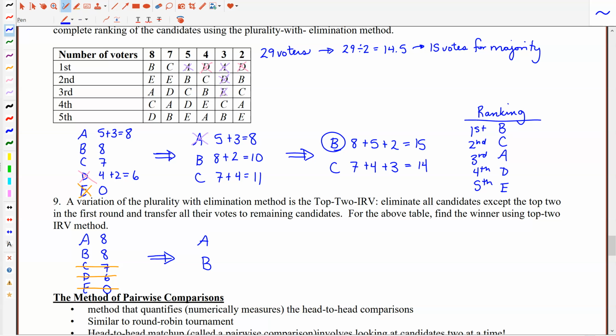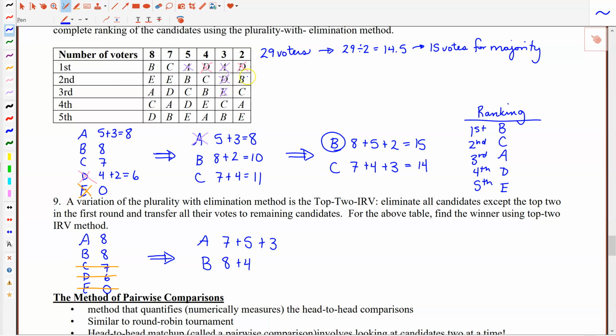where I would only have then a runoff election between A and B. So in each column, I'm just going to look at A and B and see who's higher, and then that's going to be the person that gets the votes. So in this first column, B is higher, so they get those 8. In the next column, A is higher, so they get those 7. In the next column, A is in first place, so they get those 5. In this next column, B is higher, so they get the 4. In the next column, A is higher, so they get those 3.